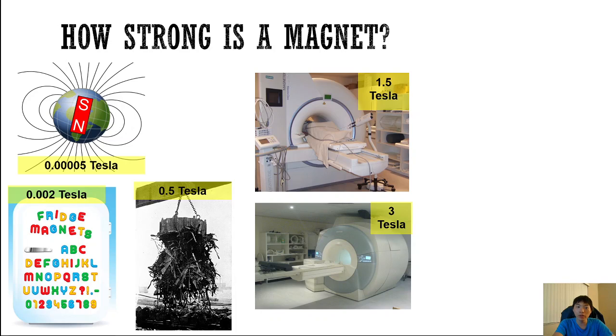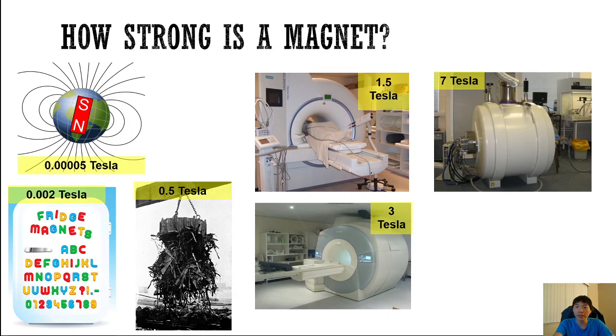These are quite a bit stronger than our fridge magnets, and quite powerful. If you bring a metal object into the magnet, you can definitely feel the pull, and sometimes it will rip the object out of your hands and stick to the inside of the scanner.